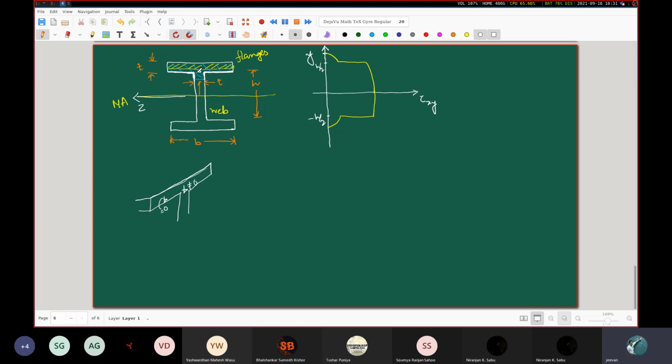These types of sharp corners are referred to as the zones where you have something called stress concentration.